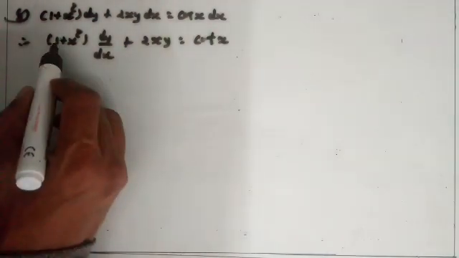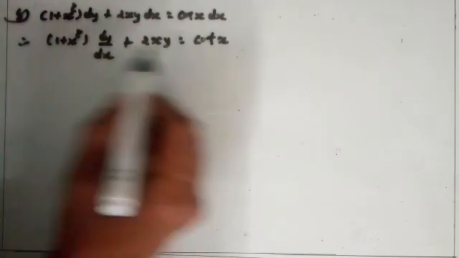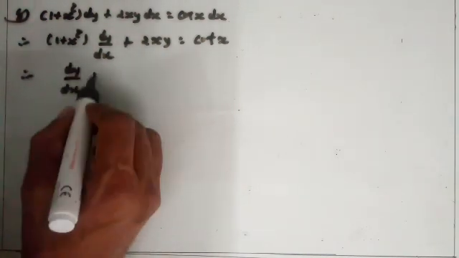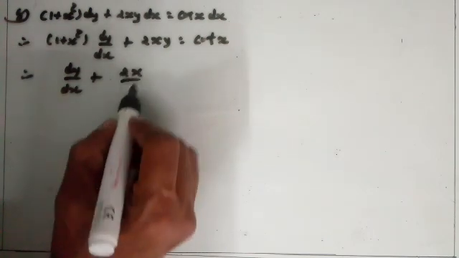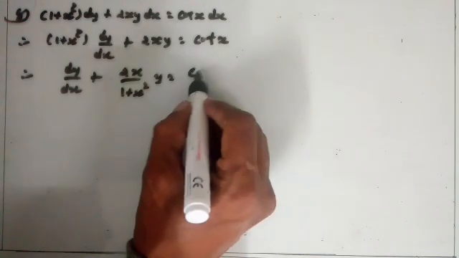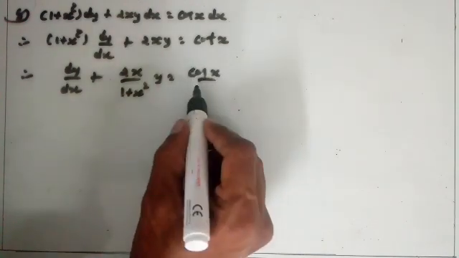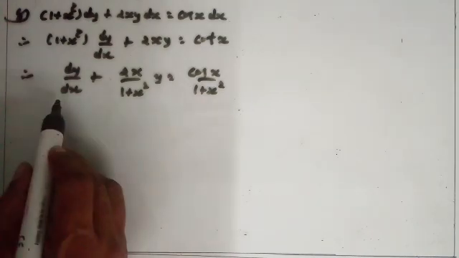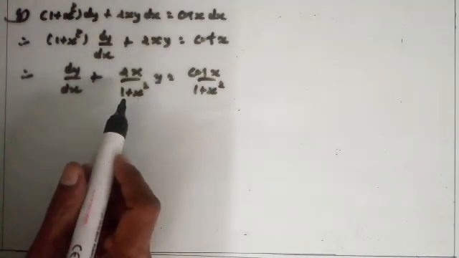Now dividing by 1 plus x square on both sides, we get dy by dx plus 2x upon 1 plus x square into y is equal to cot x upon 1 plus x square. So this becomes a linear differential equation.